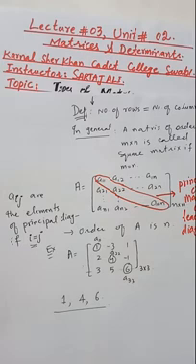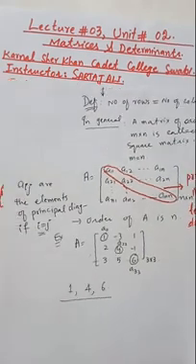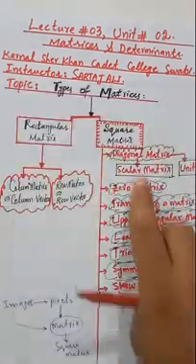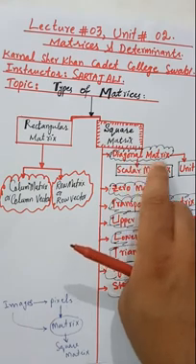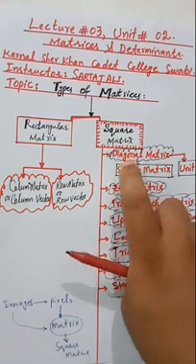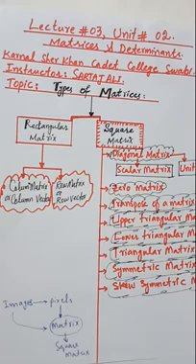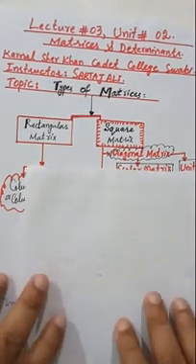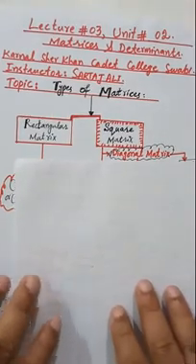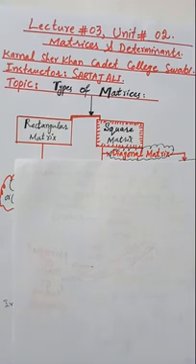Now after a square matrix there is a diagonal matrix. Now we will discuss the diagonal matrix. A diagonal matrix is a subtype of a square matrix. A square matrix is said to be a diagonal matrix if on the diagonal we have non-zero elements and the rest of the elements other than the principal diagonal are zero.